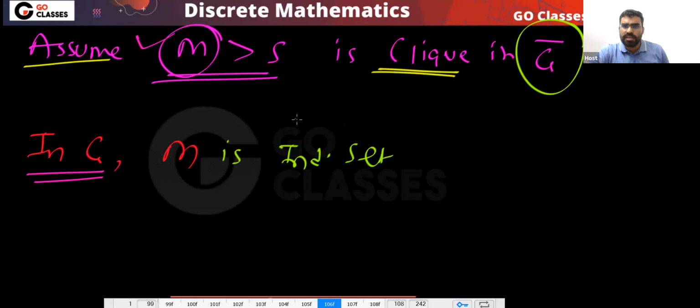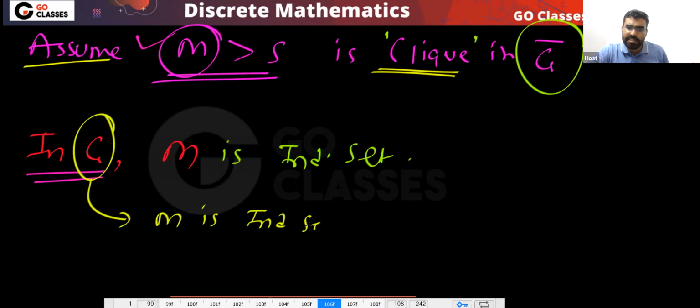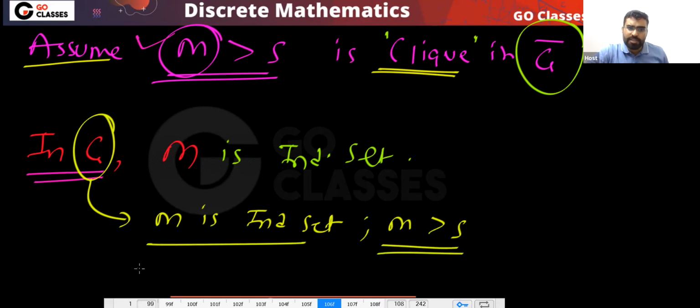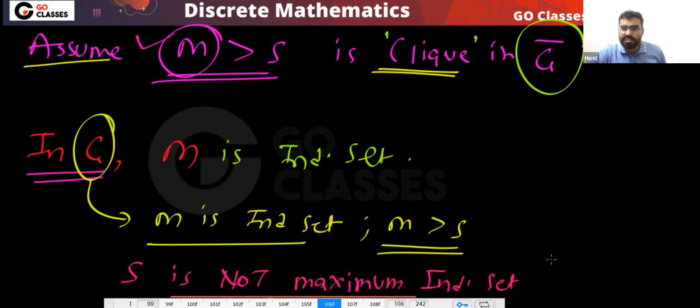Yes, correct, because in G complement, M is a clique, meaning pairwise adjacent, so in G it will become an independent set. Now you can notice there is a contradiction. In G, M is an independent set, and you also know that M is greater than S. It means S is not a maximum independent set. And this is the contradiction.